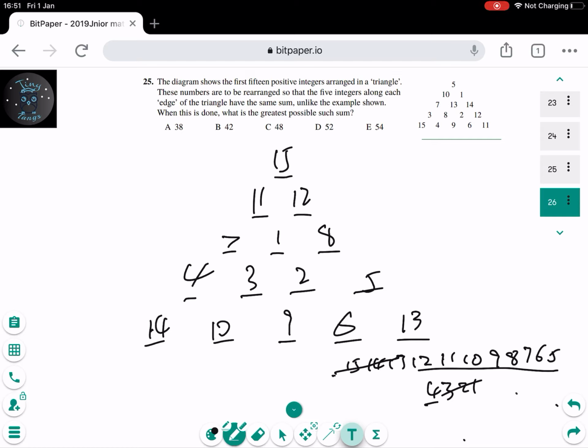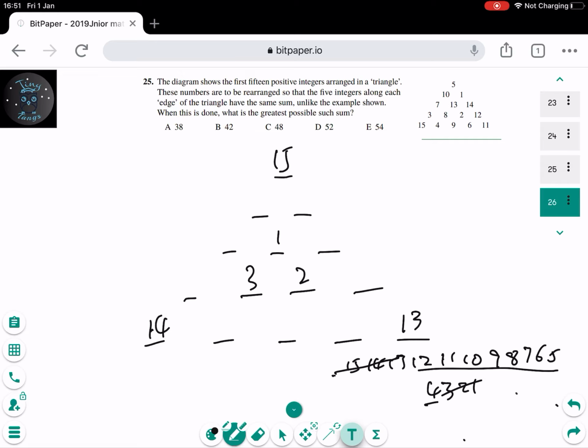And 29, so 28, 18, 25, 36, 40, 51. And this is incorrect too. So we need to try again. You need to try and spread them out as much as possible.